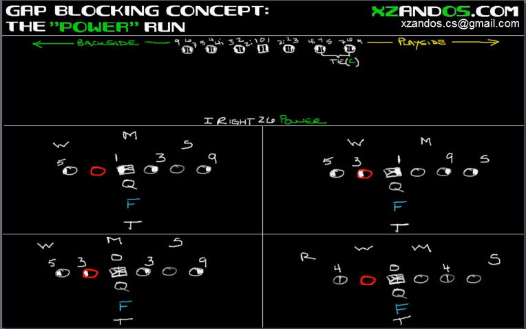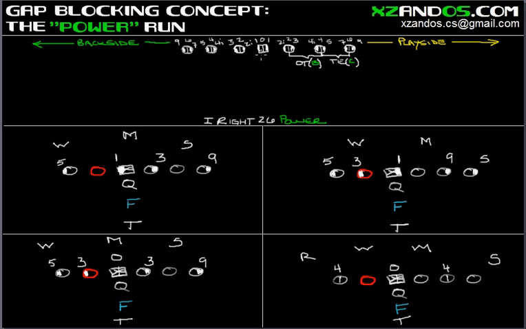Let's move over to the play side offensive tackle. The offensive tackle is going to block anything from the 2 technique over to a 4 technique. That is the responsibility of the play side offensive tackle. He is responsible for the B gap, like so.